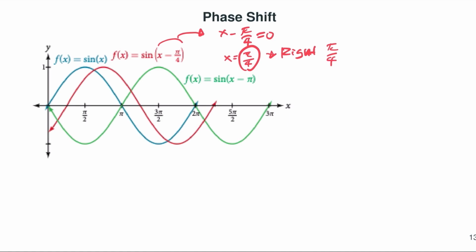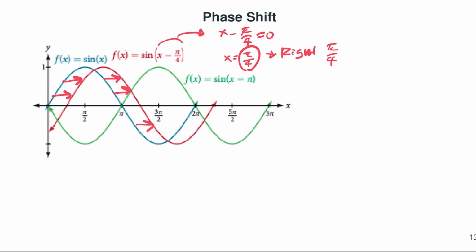Whereas the green graph, if you look here, x minus pi, right? Well, I need to have a pi here to make the inside 0, right? That means we have a phase shift of pi. So let's look at the graph. Let's look at the blue and red graph. Here I have a blue graph, which is just regular sine x. I move the entire graph by pi over 4 amount, so I move to the right pi over 4 amount.